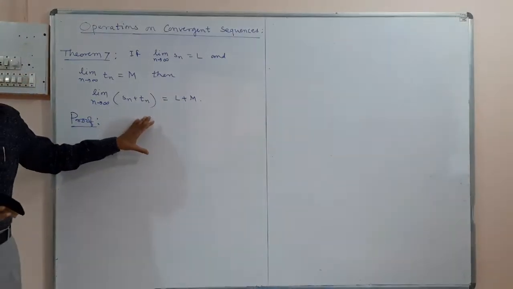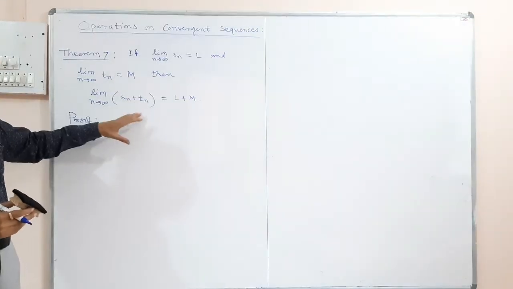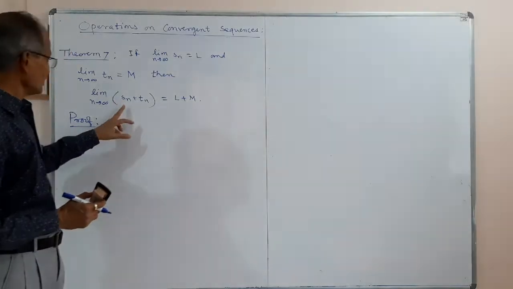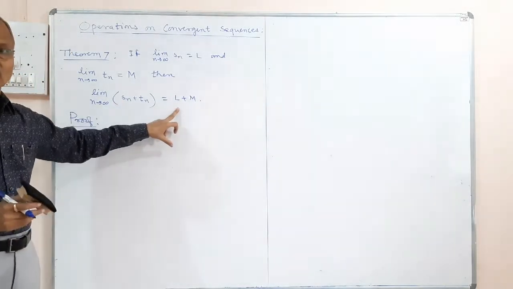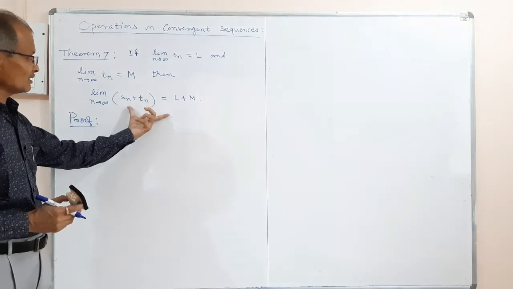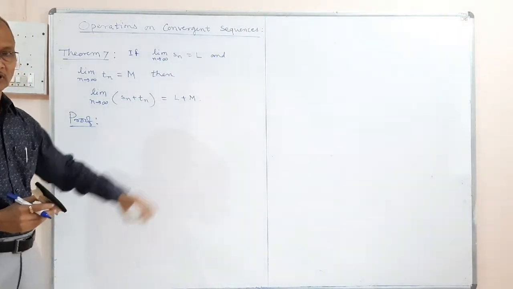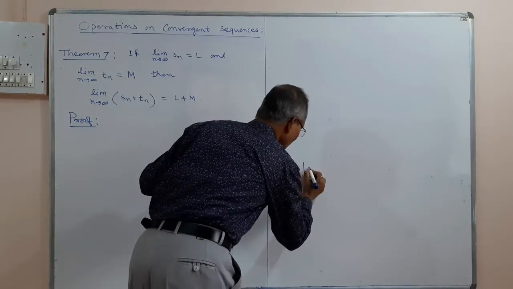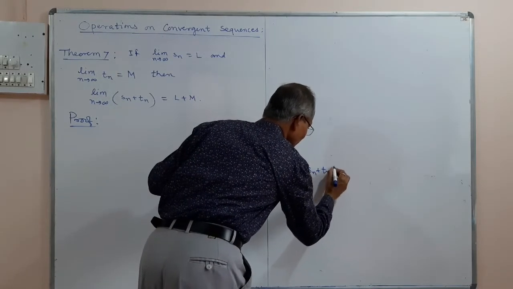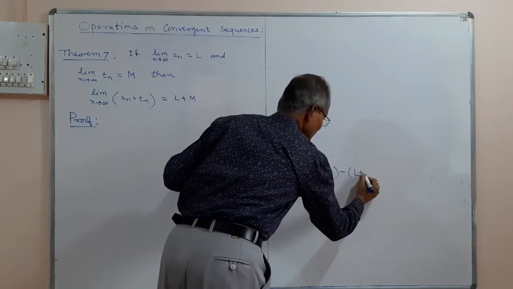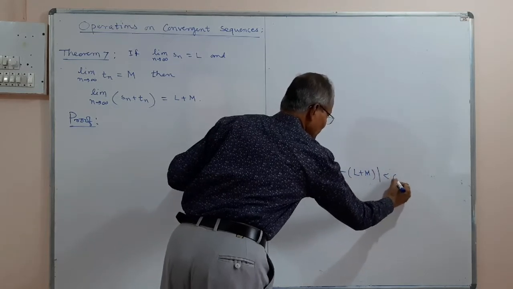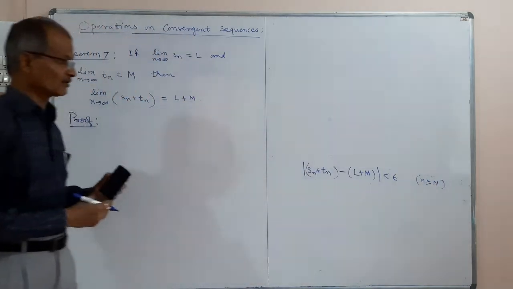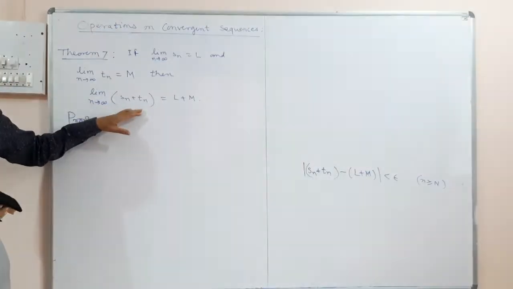The definition of the limit of a sequence is important, and we are applying the same definition in these theorems. So when we say the limit of Sn plus Tn is equal to L plus M, the absolute difference of these two is less than epsilon for n greater than or equal to capital N. That means we have to show that the absolute value of Sn plus Tn minus L plus M is less than epsilon for n greater than or equal to N. This is the result we want to prove in this theorem.